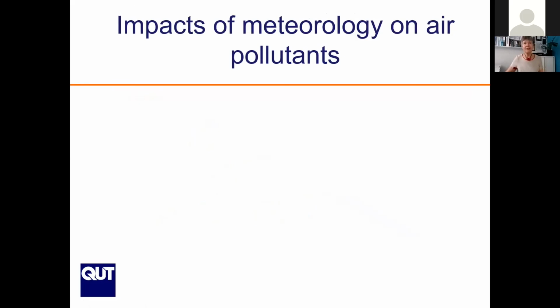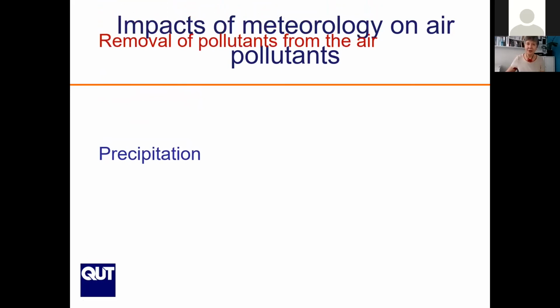Now, there's one very important aspect in all of this, which is the impact of meteorology on air pollutants. What this means, meteorology, we are talking about wind, we are talking about rain, which are the main parameters, but meteorology also means temperature and humidity. The most important aspect in terms of the impact on air pollution is precipitation.